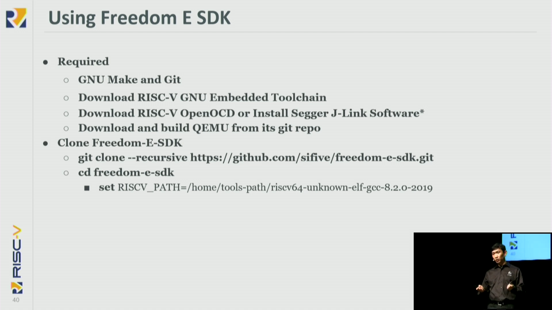And to use the Freedom E SDK, once you have all those tools downloaded, it just requires one single environment variable to be set, which is the RISCV_PATH that you need to point to where the toolchain is.